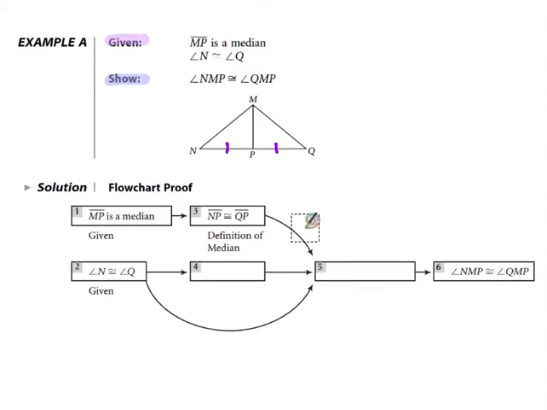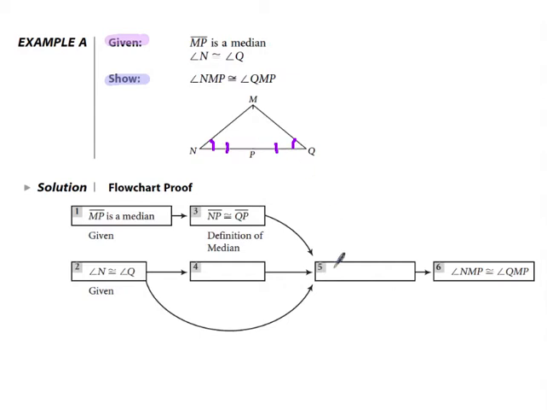Now, this one says that angle N is congruent to angle Q. Based on the fact that they tell me that those two angles are the same, what else can I conclude? I want you to do something real quick.